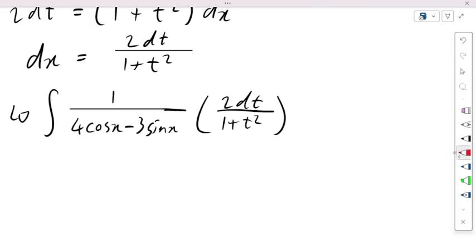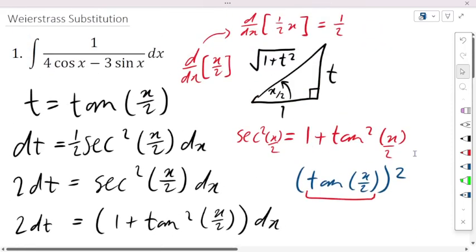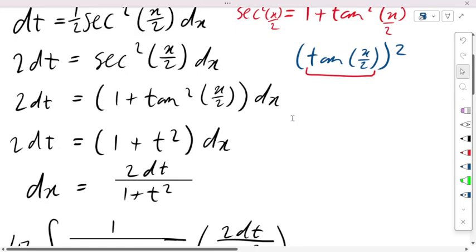Now we have one issue here. The issue that we have is that we have cosine of x and sine of x, which is in terms of x. And that's our biggest problem. But the question is, even if we wanted to do a substitution for that, we only have substitutions for when we have an angle of x over 2 and not just x. So how are we going to actually manipulate it so that we can get cosine of x and sine of x?